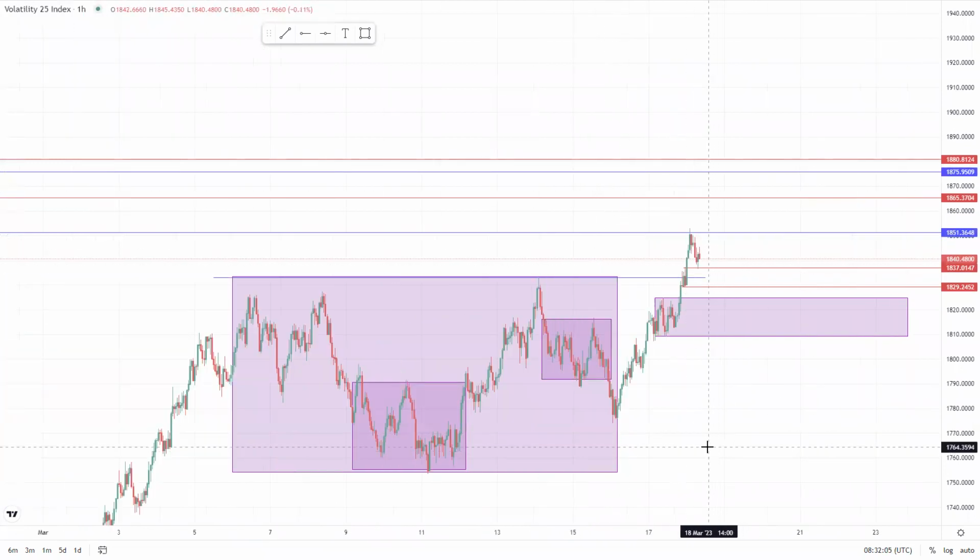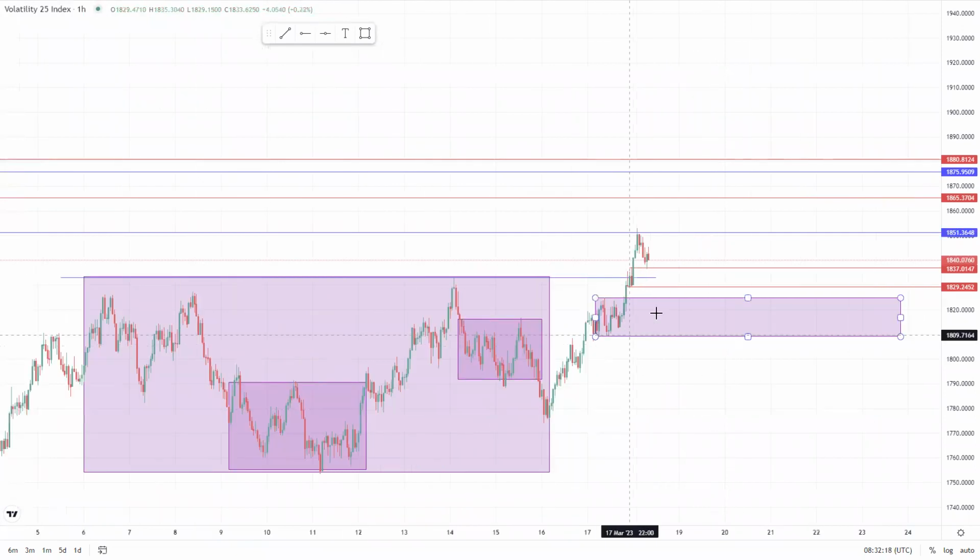Why? Because the principle states that after the break of structure, like this huge consolidating structure with its internal smaller structure inside, when it gets broken, the principle states to always trade in the direction of the break of structure.